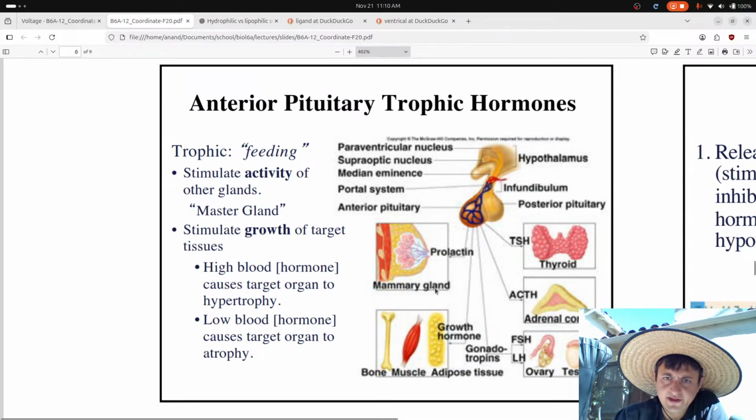Okay, this is the mammary gland. It's releasing something called prolactin, TSH, ACTH in the adrenal. I think this is called luteinizing hormone. I think I remember reading about this. And a bunch of gonadotropins and growth hormone.